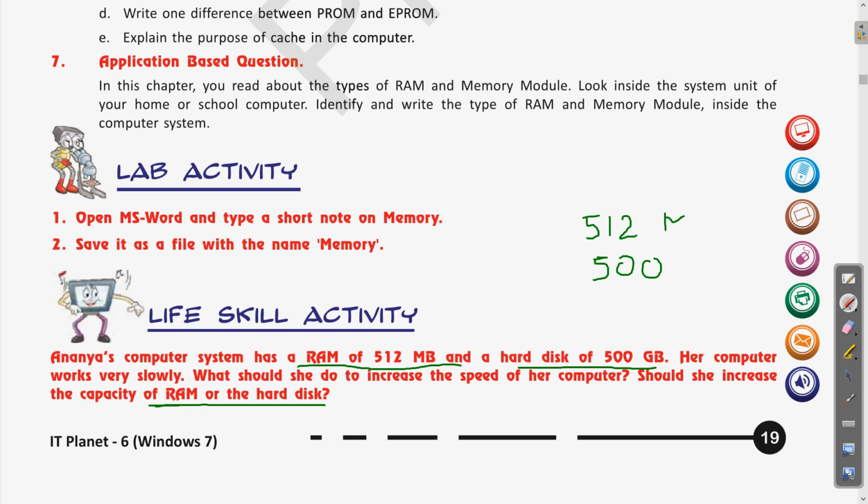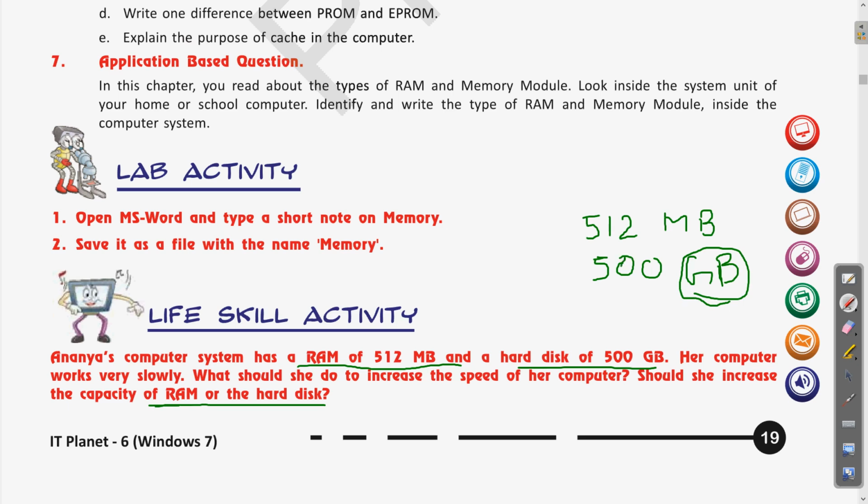The RAM is 512 MB and the hard disk is 500 GB. We have read in the initial part of the chapter which one is greater, MB or GB. MB is megabyte and GB is gigabyte. Which one is greater? Gigabyte is greater. Clear? So 500 GB is a very large amount.